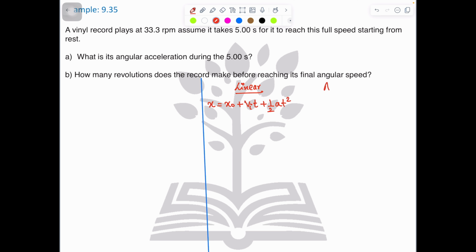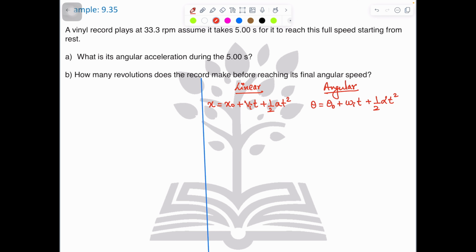Now for the angular: just use it, we can replace some values. Theta equals theta naught plus omega i t plus half alpha t square.